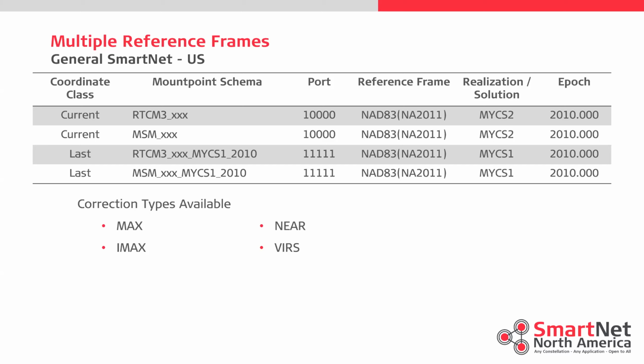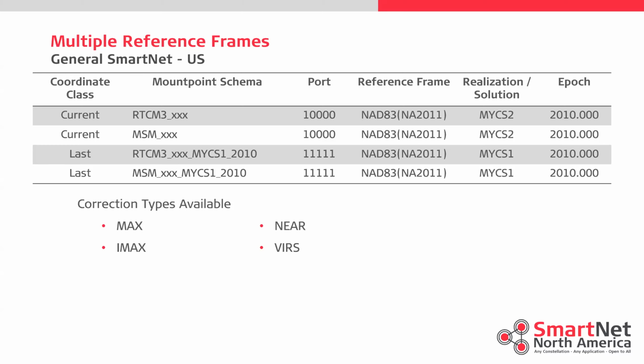If you want to stay on the coordinates that you are on today, right now, as they stand, we have mount points that are available that will allow you to stay on the current realization or the current solution. And that is RTCM3, XXX, which is the correction type. So IMAX, near, VRS, max, NCS1, epoch 2010, that is on port 1111. And you can see on the reference frame, NAD 83, NA 2011, NCS1, epoch 2010.